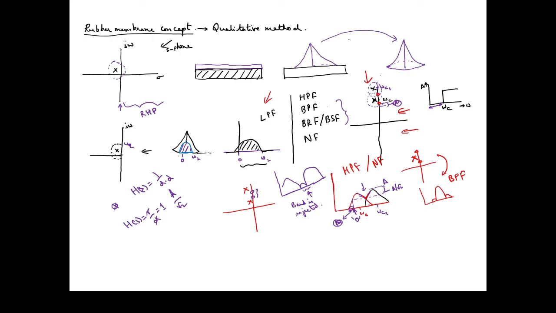So we have this rubber membrane concept. Now this is a qualitative method to analyze the response of a filter. Many of you don't know how to analyze the filter or how to design the filter, but this rubber membrane concept would give you an idea of how the response would look if you place a pole somewhere.